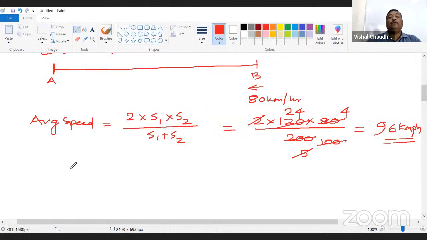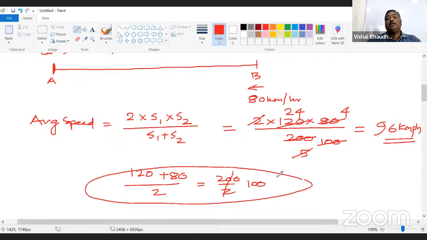Now, what you should avoid is adding 120 plus 80 and then dividing it by 2. This will give you a wrong answer, and always avoid it.